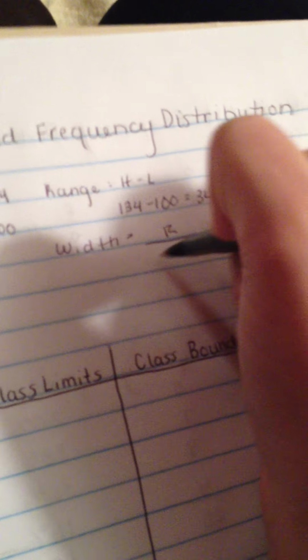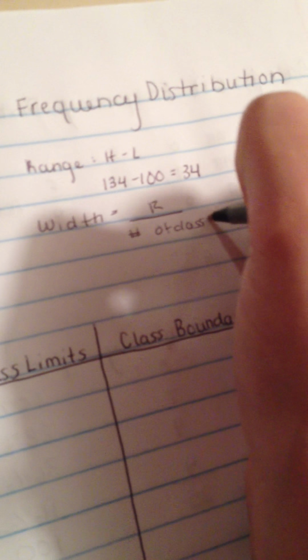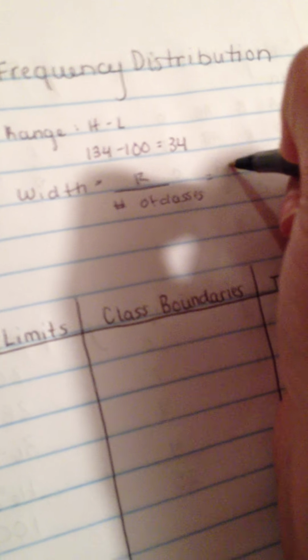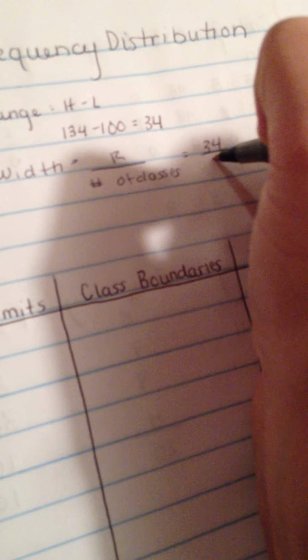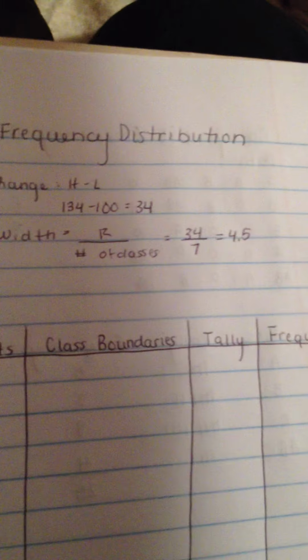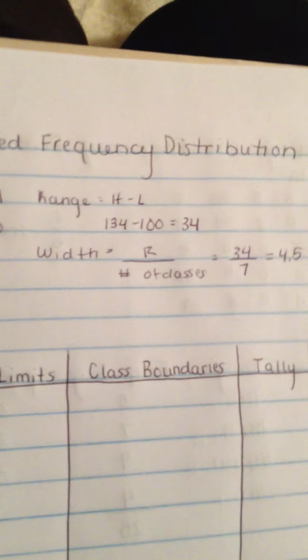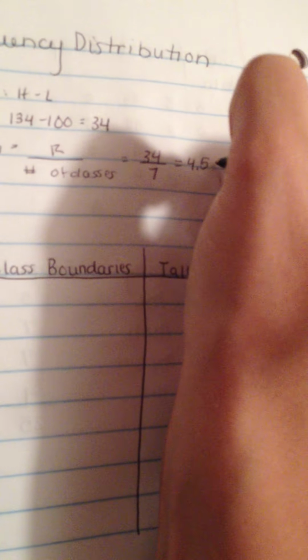So the width will be range over number of classes, which equals 34 divided by 7, which equals 4.9. Whenever given a number that's not a whole number, you always round up, so we will round up to 5.